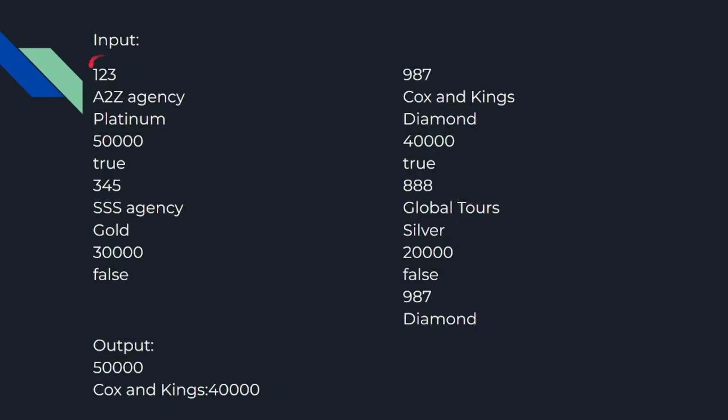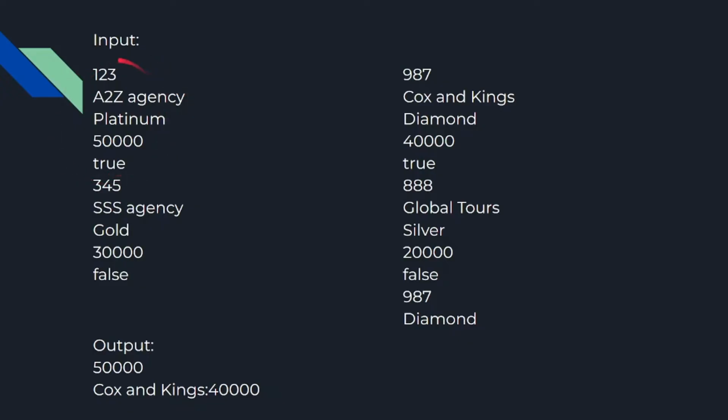Here the first input is the register number, the second input is the agency name, the third input is the package type, the fourth input is the price, and the fifth one is whether they have flight facility or not. So these five lines will create one object.